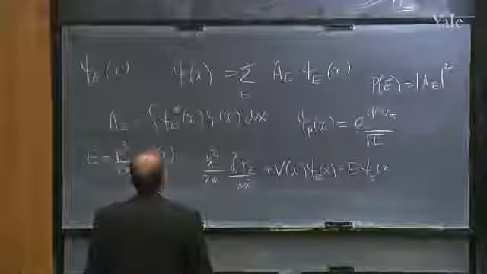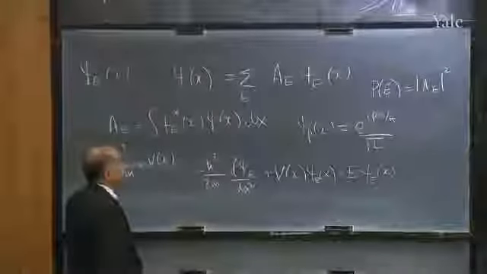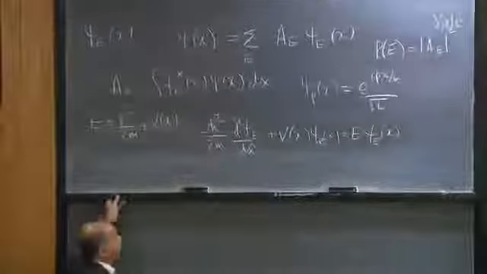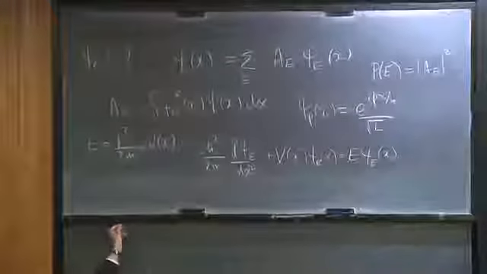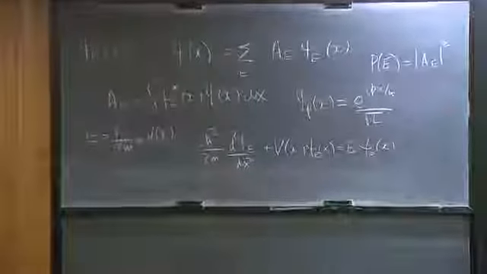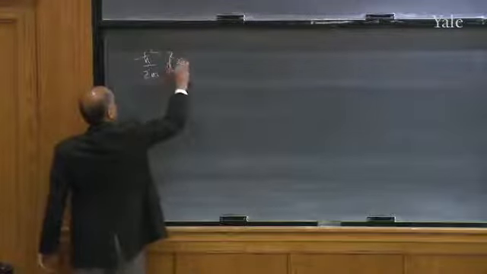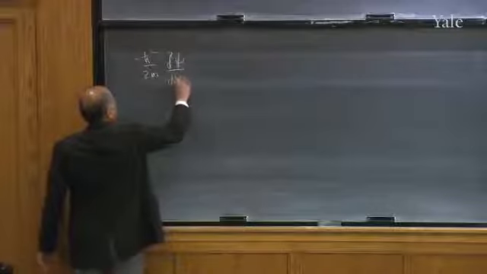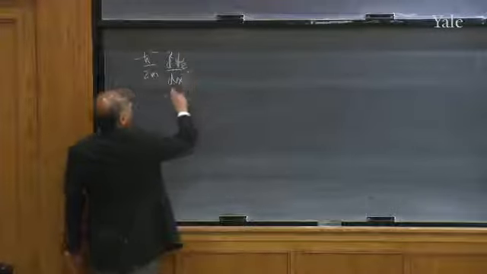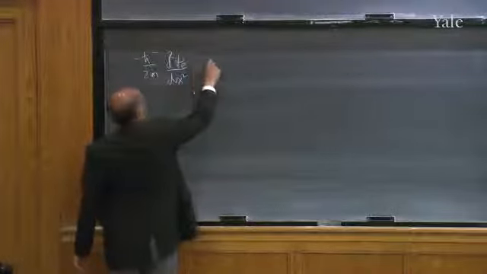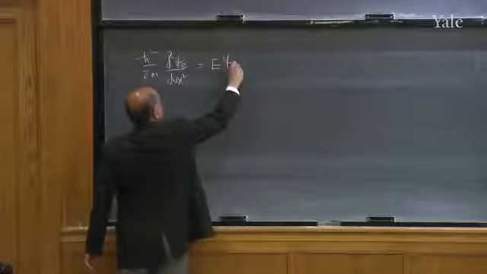So I did a very simple example last time, which was two examples. First, I said, take the problem with no potential, no force. Particle is free of all forces. Then the equation is very simple. Minus h bar squared over 2m d2 psi over dx squared, there is no V psi, that is just E psi.